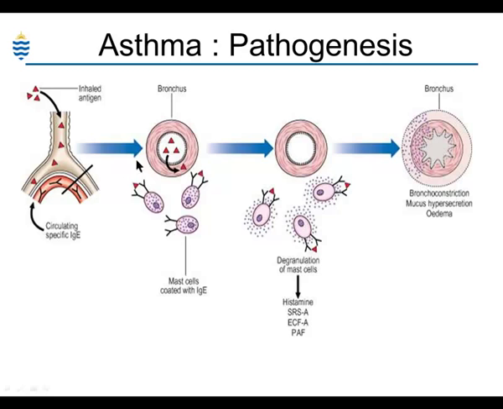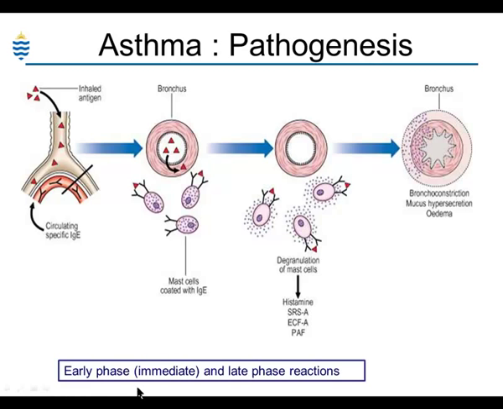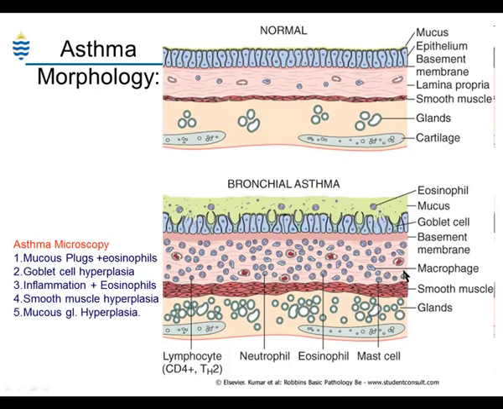Inhaled antigens, thickening of the bronchial tree causing obstruction, plenty of eosinophils, early phase and late phase reactions. Microscopically, you will see hyperplasia of the mucosal glands, just like chronic bronchitis, but the only difference is plenty of eosinophils in case of asthma.